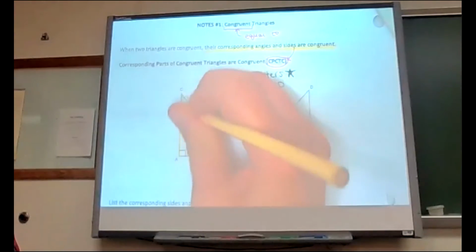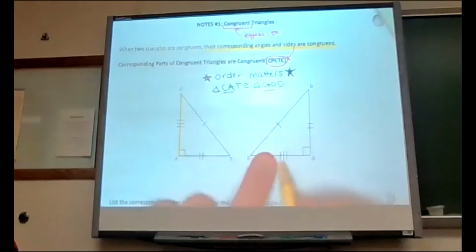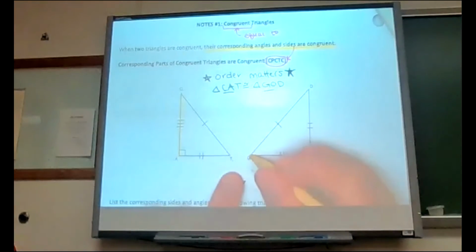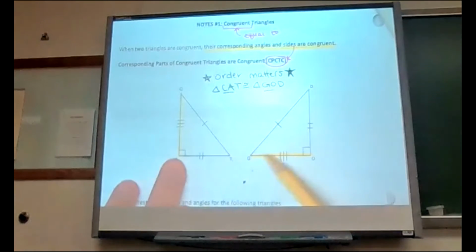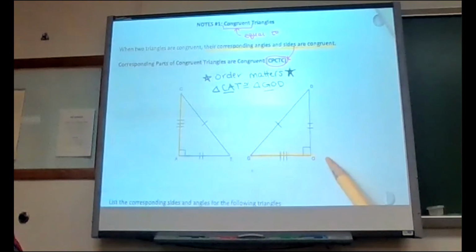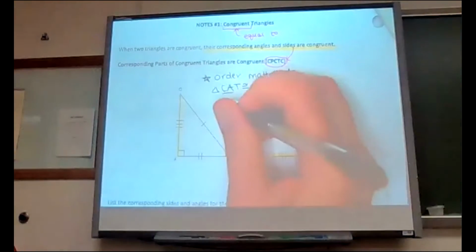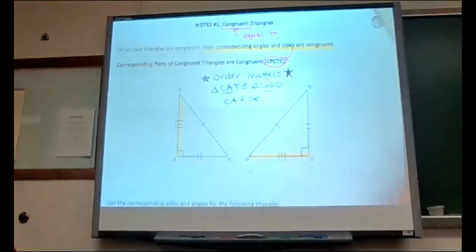So I know that this side of that triangle marked with 3 tick marks has to match up to this side of the other triangle, which also has 3 tick marks, which means this triangle has basically been tipped over. The diagrams can be a little bit tricky sometimes. Order matters. So CA corresponds to GO, or I could say CA is congruent to GO.